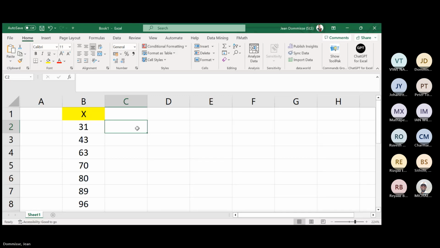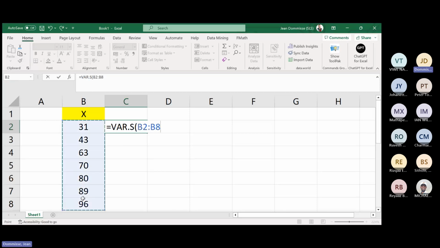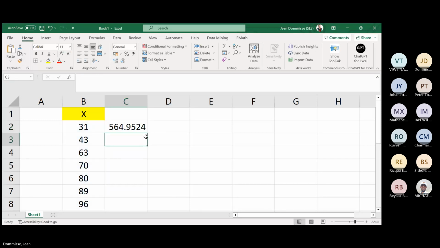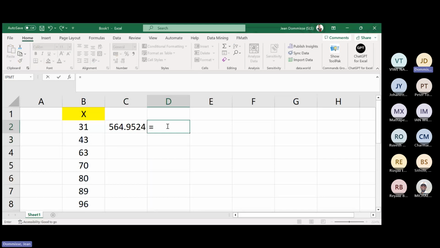So there's 2 ways that you can do it. The one is to say, okay, let's work out the variance. Remember, we're working with a sample, so we work out the variance, but then we need to take the square root of that variance to get to your standard deviation. Okay, so that is the one way to get to the standard deviation.